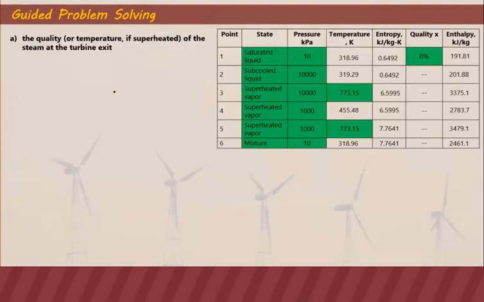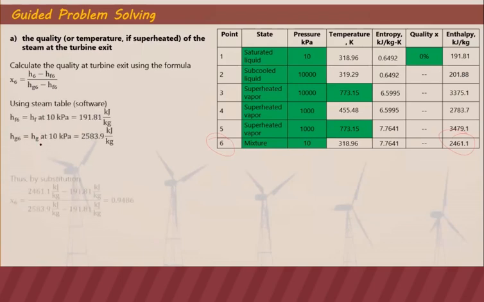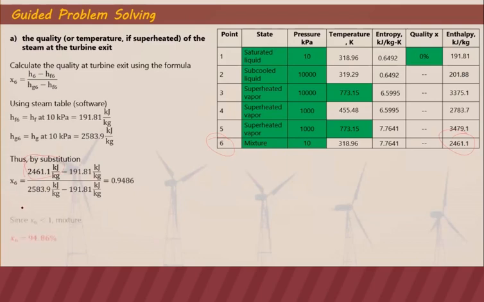If that is the case, we can still compute the quality by using the same formula that we used previously. This time, instead of using H6A, since this is an ideal cycle, we're going to use the actual values at 0.6, and that is H6. That's 2461.1. The quality X6, if we have an ideal cycle, is 94.86%.